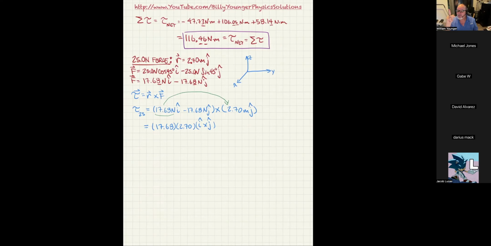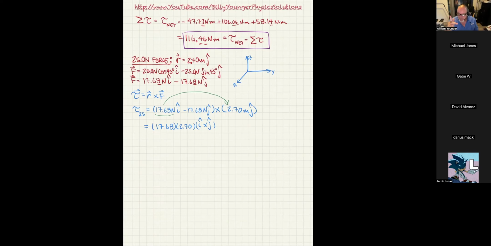And this one doesn't necessarily have to be 90 degrees. It is when we're using it to make a right-handed coordinate system. But if we're using it to do a cross product, it's any angle that you want it to be. But if the angle turns out to be 0 or 180, then the cross product's going to be 0. But if it's any angle other than those two, then it'll be non-zero.